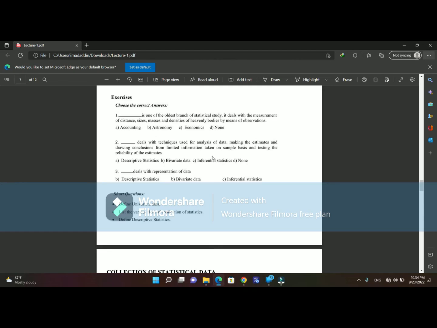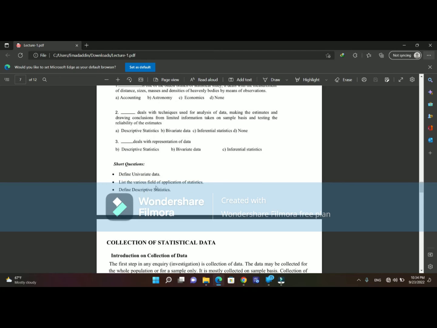We have said that inferential statistics deals with the analysis of data, so we choose inferential statistics. The third one deals with the representation of data: descriptive statistics, or inferential statistics. Representing data is descriptive statistics.